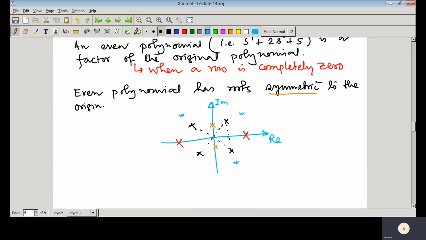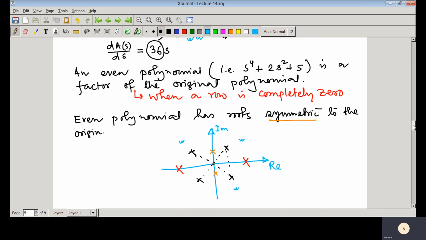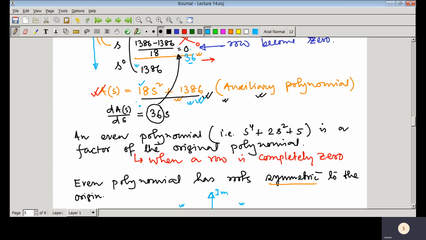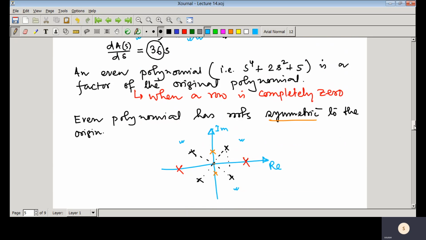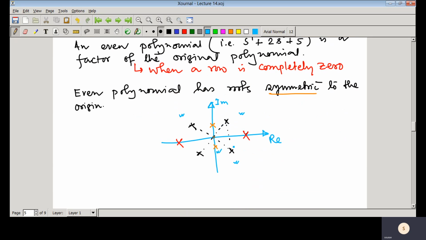So then what happens? This particular polynomial is one even polynomial with order 2. That means it has two roots, and as there are no roots on the right half or left half of the S-plane, that means two roots would be on the imaginary axis. That means this type of thing happens.